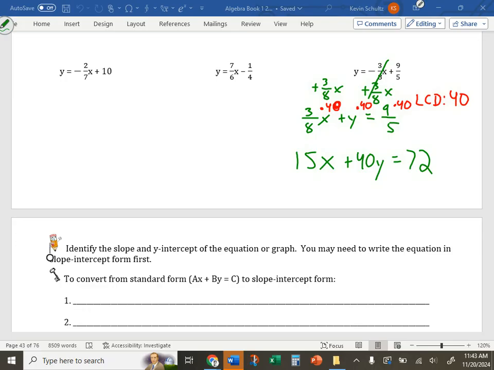Adding negative 2/7 would be the same thing as subtracting 2/7, which wouldn't cancel this out. We are going to add 2/7 x to both sides because it's negative. Move it over. Opposite of negative is a positive. So now we have 2/7 x plus y equals 10, and we only have one fraction to worry about here.